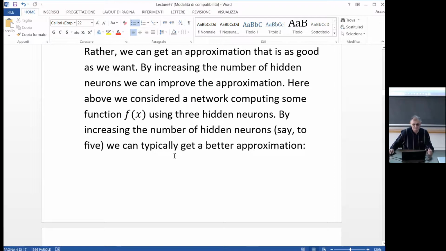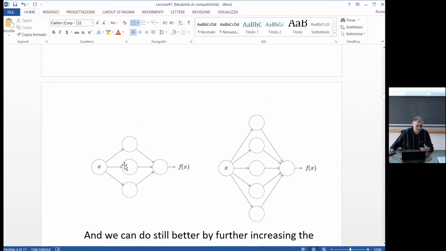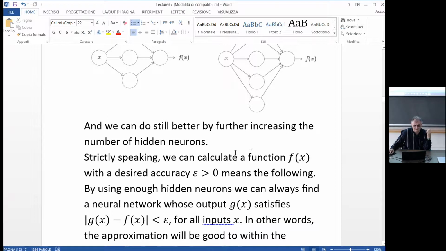By increasing the number of hidden neurons, say, first we considered a generic configuration of a neural net with 3 neurons in the hidden layer, and then let me increase it from 3 to 5. In this situation, we can improve the precision of the approximation.